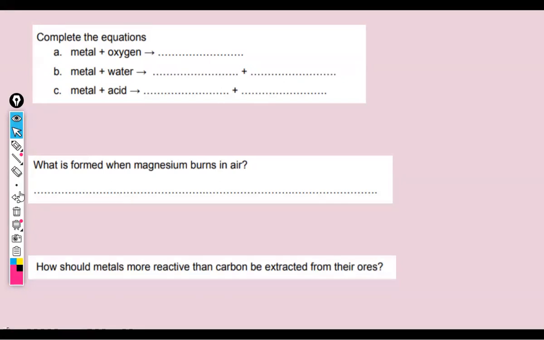I'm going to give you a chance to explore all of these questions and send the answer. First one. Metal plus oxygen is a metal oxide, right? You'll see that straight out in your notes there.